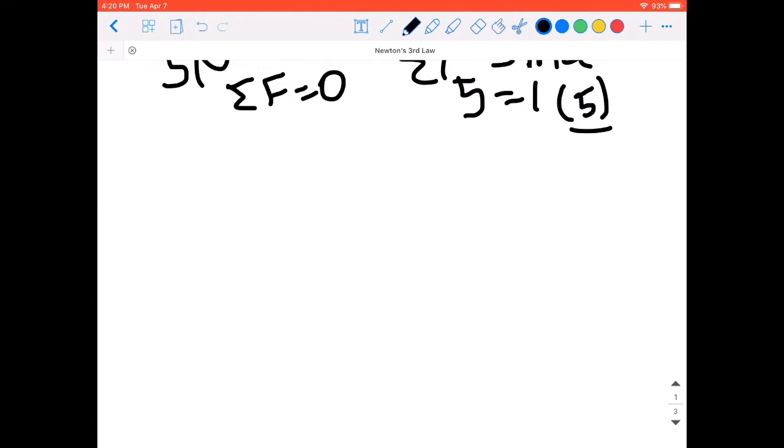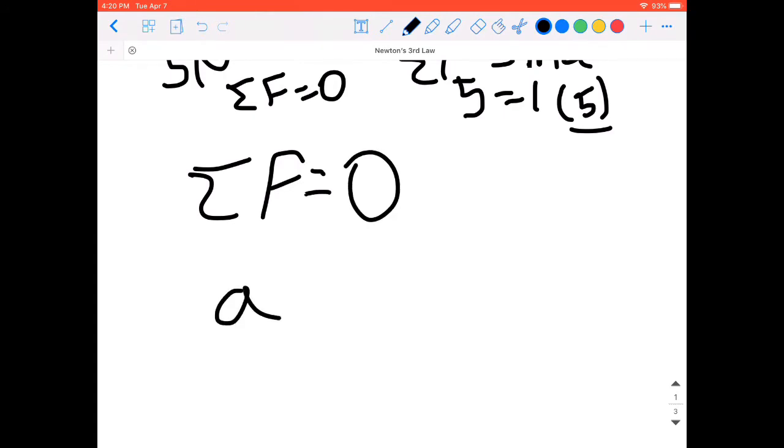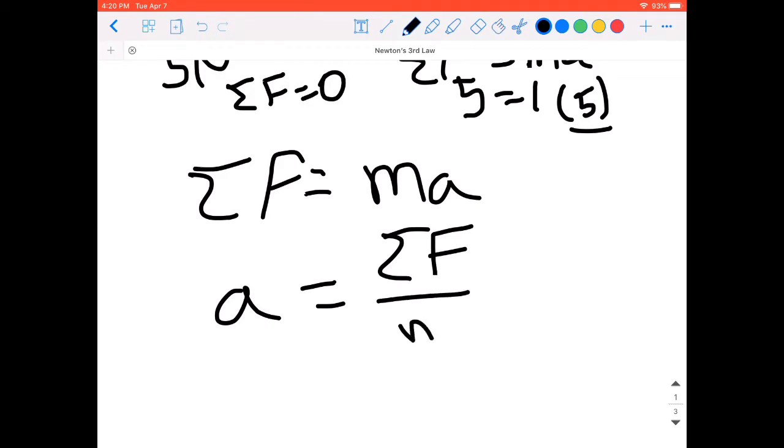So let's scroll down a bit and let's try to find this out. We know that Newton's second law says net force is mass times acceleration, which means if we divide through by mass, acceleration equals net force divided by mass.